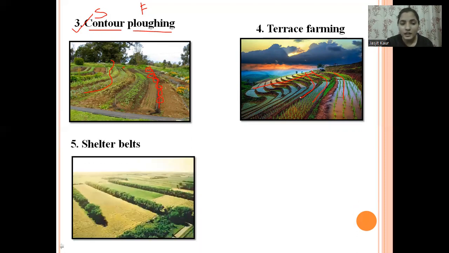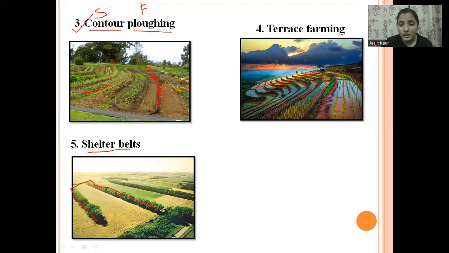And the fifth method that we can adopt to conserve the soil is shelter belts. In this method, like in the region of Rajasthan, where it is very hot and dry, people grow trees along the border of the land.